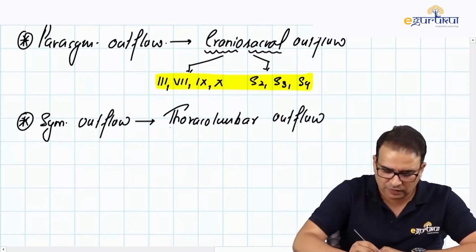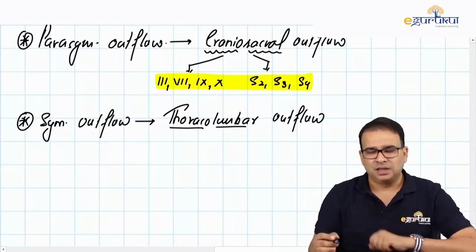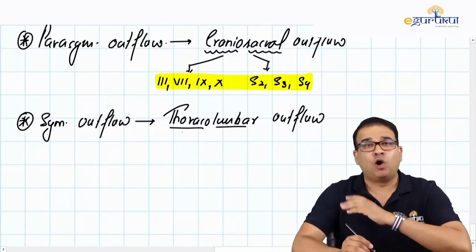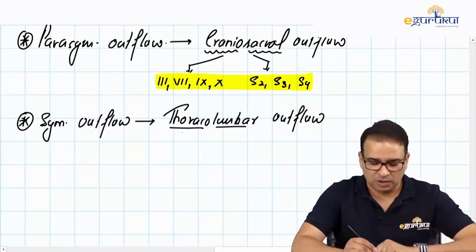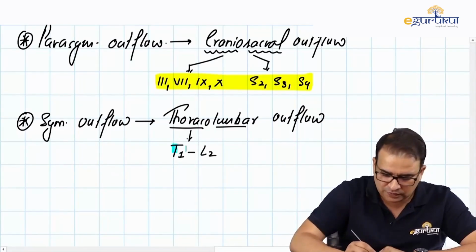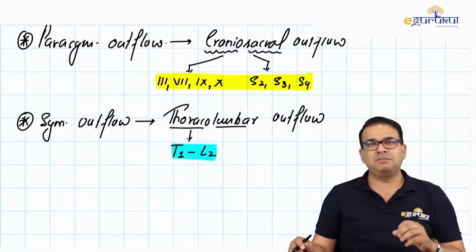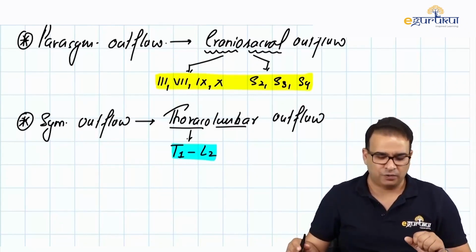Again, look at the word, guys, thoraco and lumbar. That means some thoracic nerves and some lumbar nerves are forming the thoracolumbar outflow. Thoraco, well, all thoracic nerves and the first 2 lumbar nerves. So when it comes to thoracolumbar outflow, it is starting from T1 till L2. T1 to L2 nerves coming out of the spinal cord, they constitute the sympathetic outflow or thoracolumbar outflow.